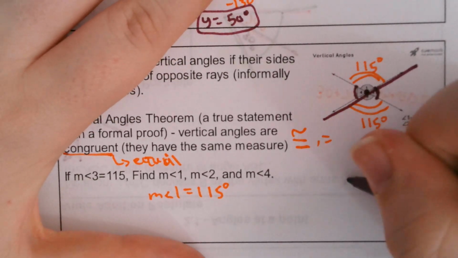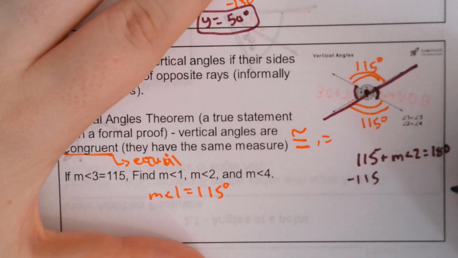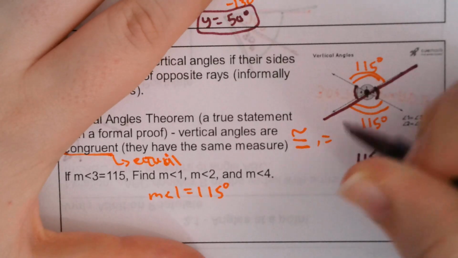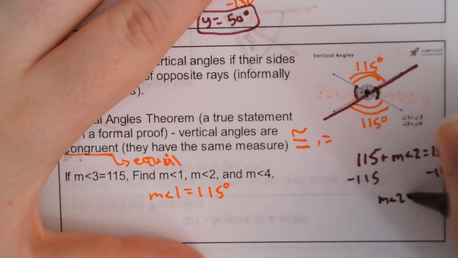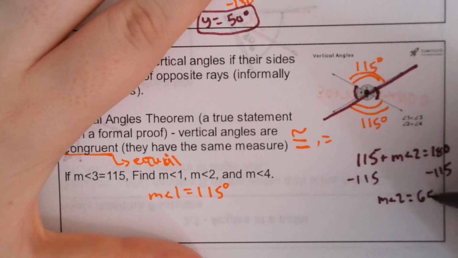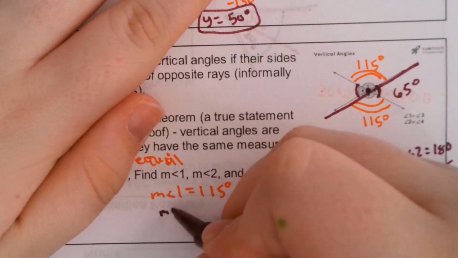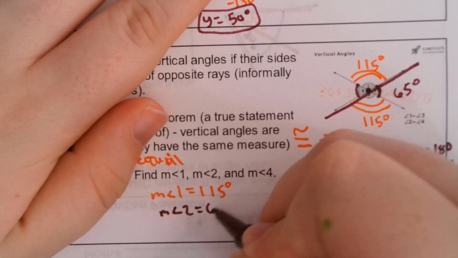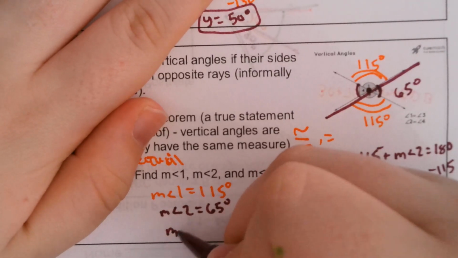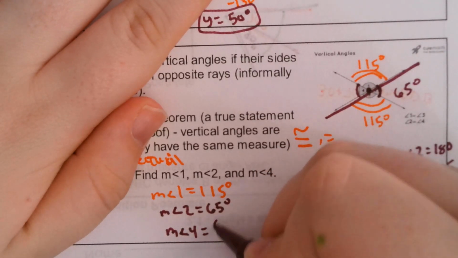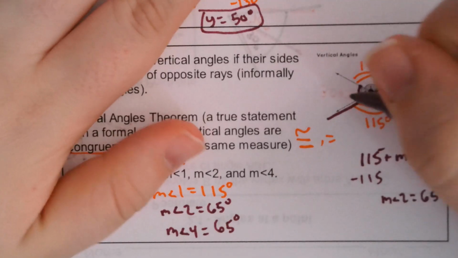We subtract, and we get the measure of angle 2 equals 65 degrees. And that means if the measure of angle 2 is 65 degrees, the measure of angle 4 is also 65 degrees.